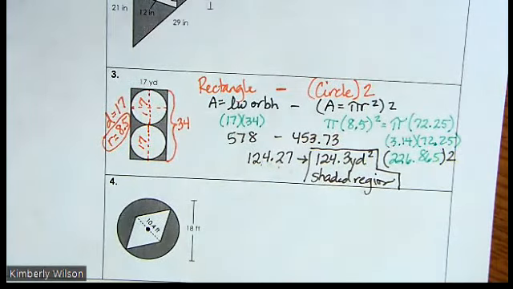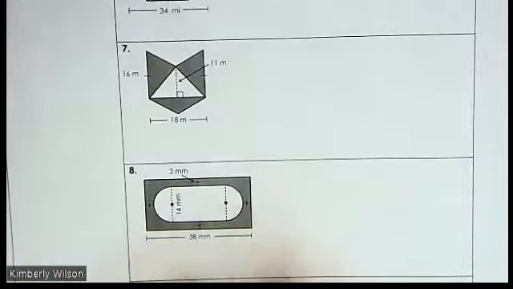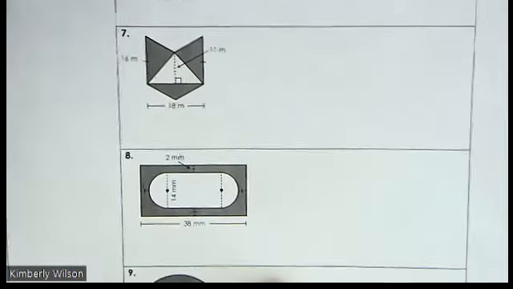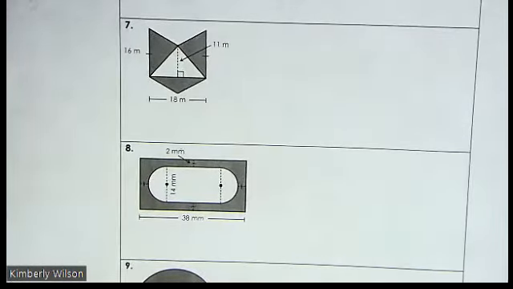Okay, one more example. On the back, on the next page, we're going to look at number 7. When we're looking at number 7, we have the big figure.